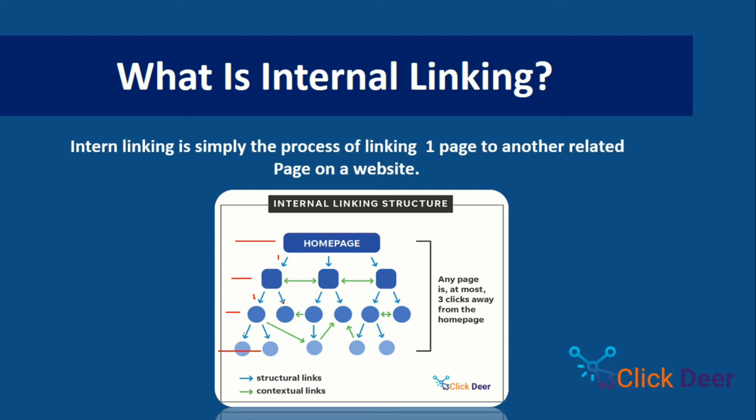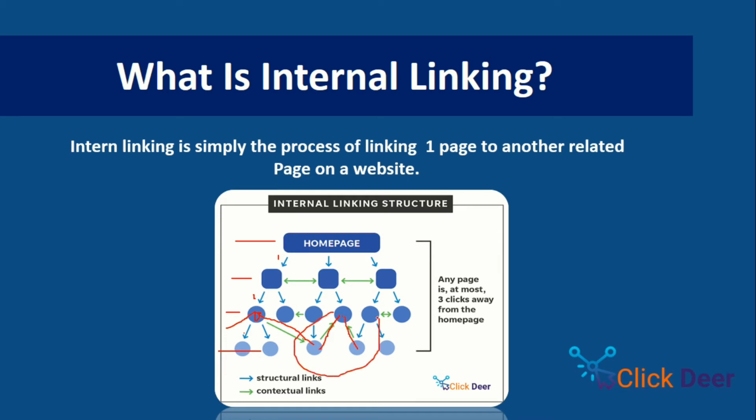But what are contextual links? It is when you link one page to another related page, right? For example, in this case, this is one page which links to this page, and this is a related page. In other words, both of these pages cover the same topic. And this page links to this page, while on the other side, this page also links to this page.